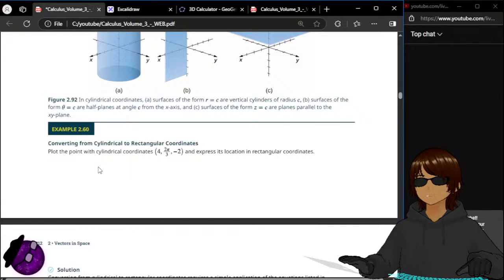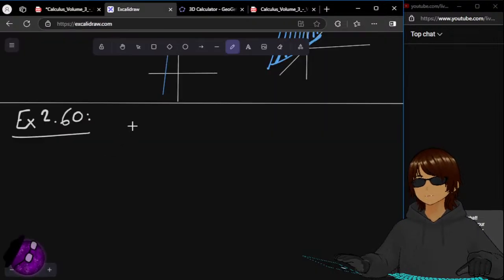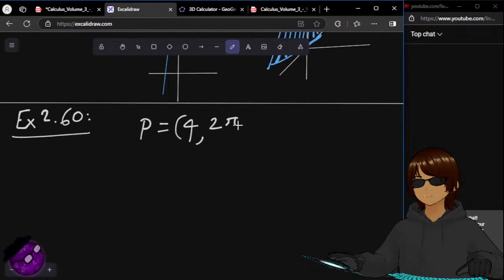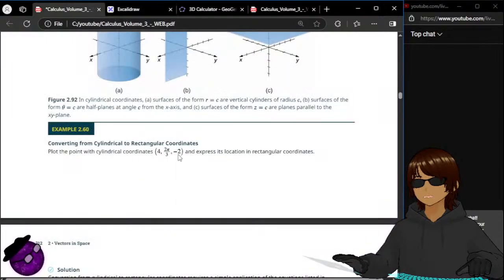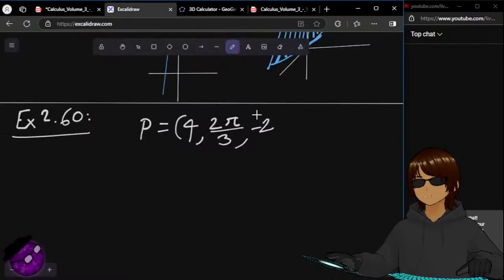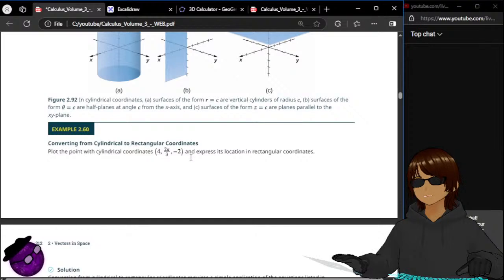Plot the points with these cylindrical coordinates. So 4, 2 pi over 3, and then minus 2. This is the cylindrical coordinate.